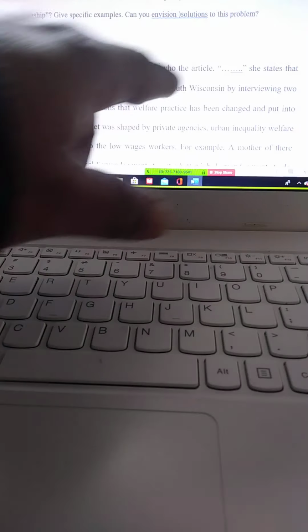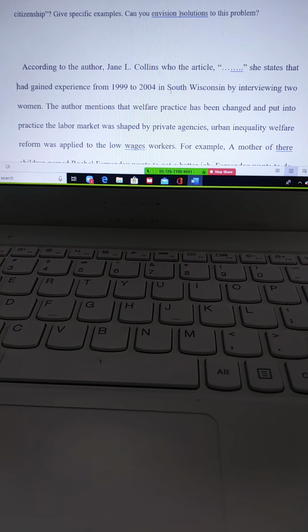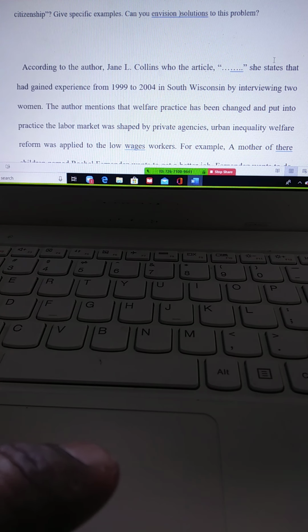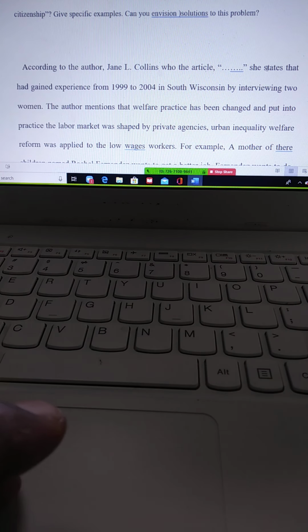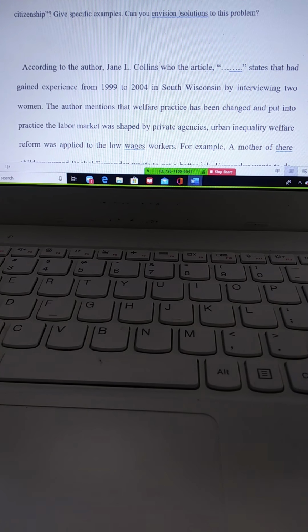So from your last word, Collins, then your first word is that had gained experience. According to the author Jane L. Collins, that had gained experience states that. So maybe you can just say she states that. Actually, let's get rid of she and put it behind.